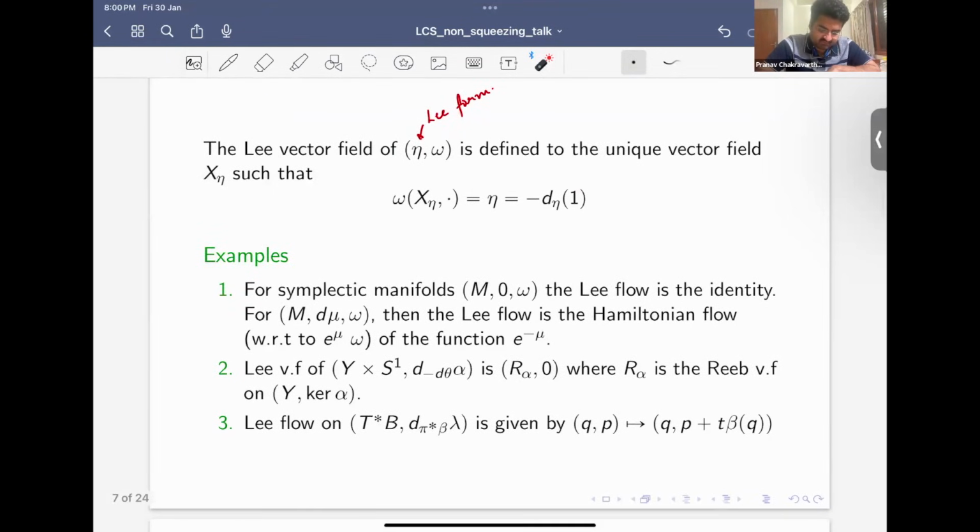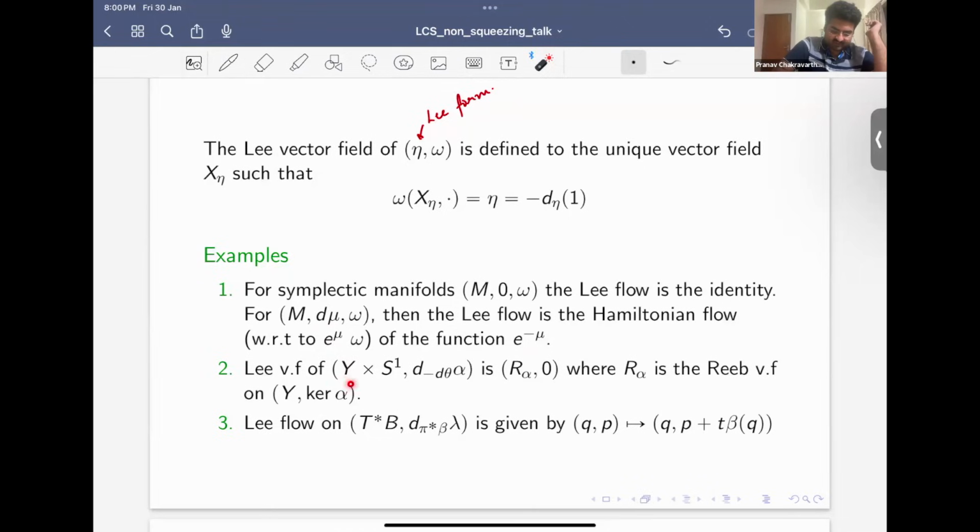In particular, for symplectic manifolds, the Lie flow is just the identity everywhere. If instead I have an exact conformal symplectic manifold, then the Lie flow is the Hamiltonian flow of e to the minus mu with respect to the symplectic form e to the mu, where mu is the primitive there. Secondly, for the conformal symplectization case, the Lie vector field is just the lift of the Reeb vector field.